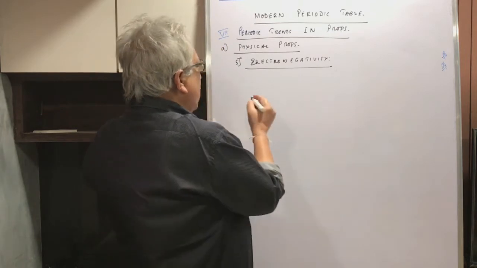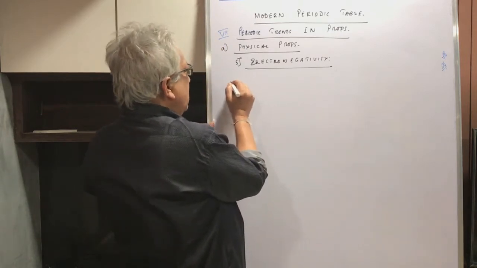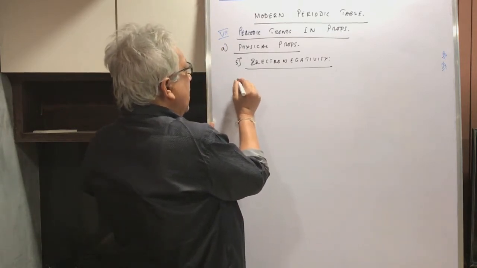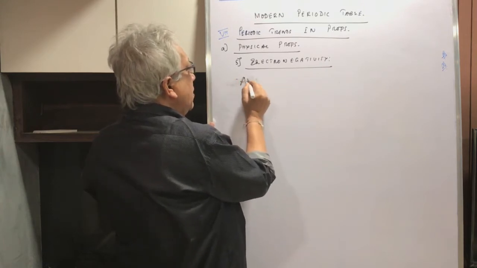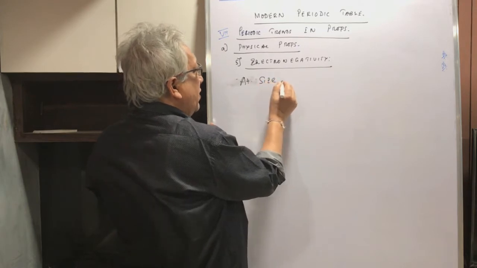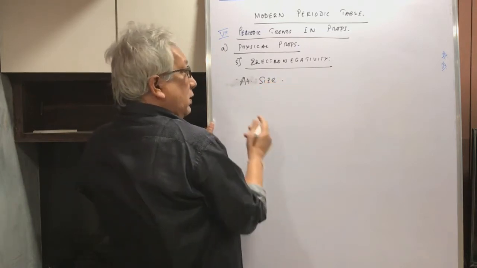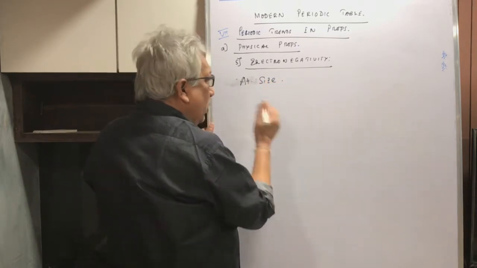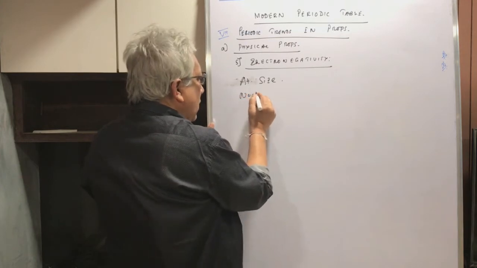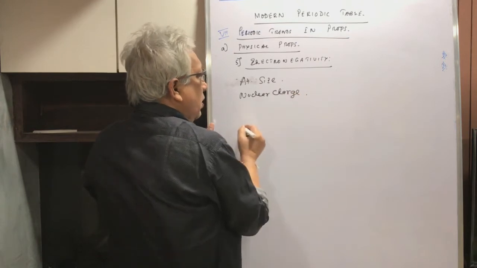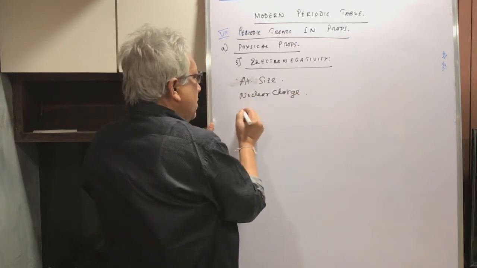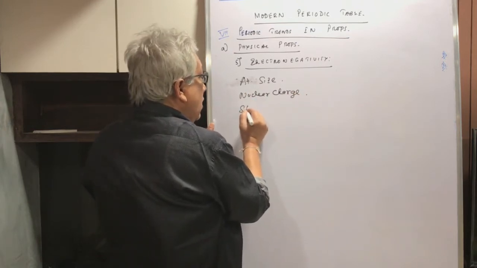The first and foremost thing that will matter will be atomic size. The second thing that will matter, the nucleus which will be pulling the electron cloud, the nuclear charge. Another thing that will matter is the shielding effect.